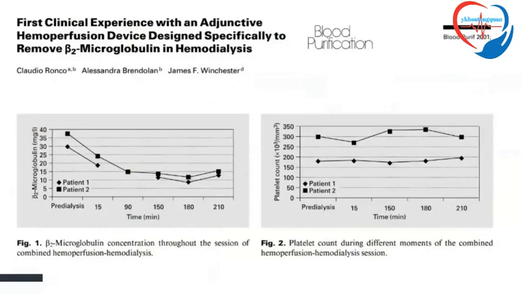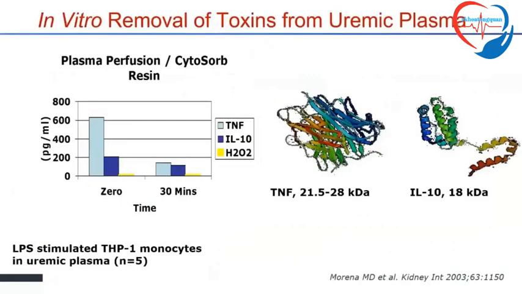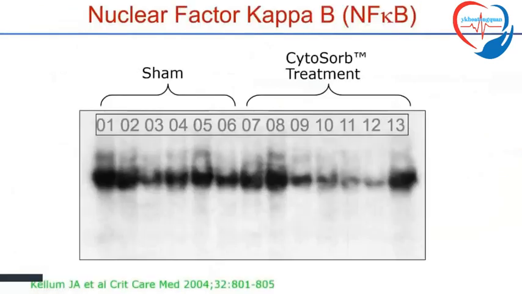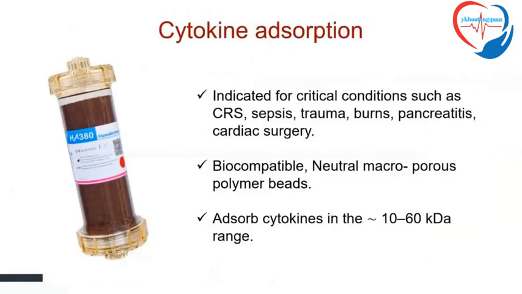Now, studying different sorbents already 25 years ago, we found that there was a capacity to remove beta-2 microglobulin. But very soon we discovered that they were able to remove also a significant amount of cytokines. This leads to a blockade of the activation of the nuclear factor kappa B and the cascade at the cellular level.